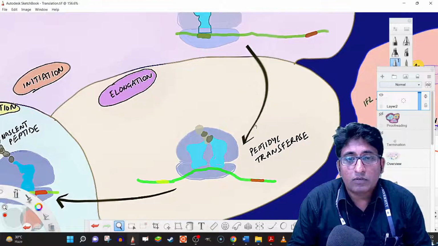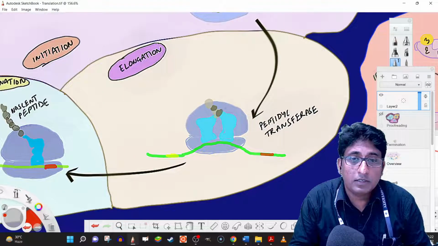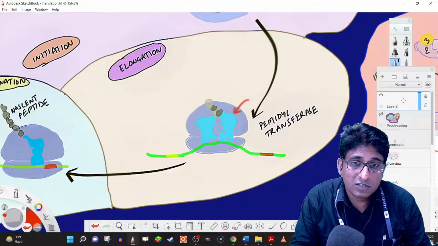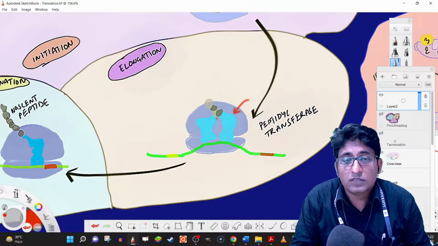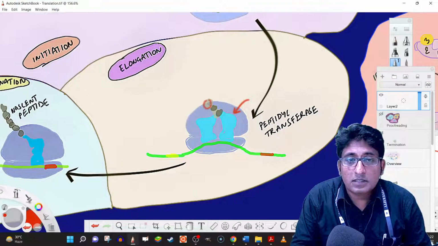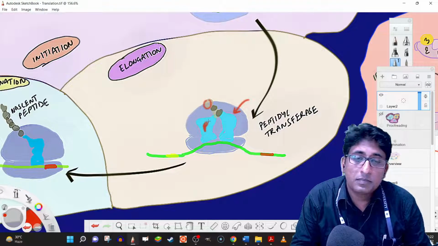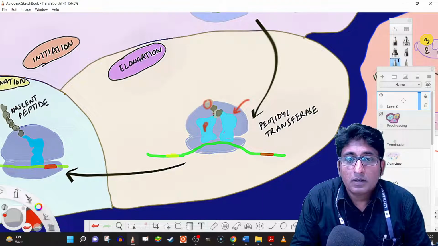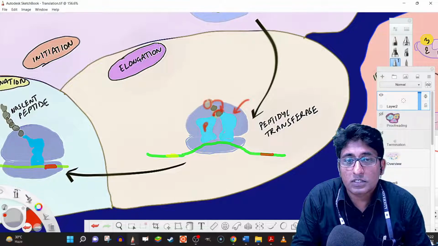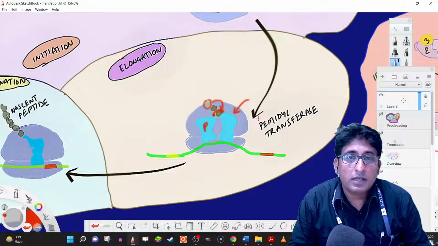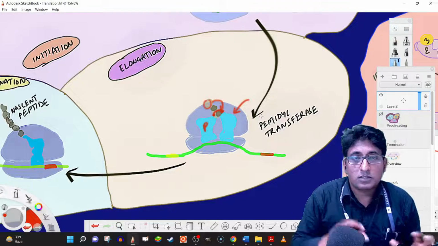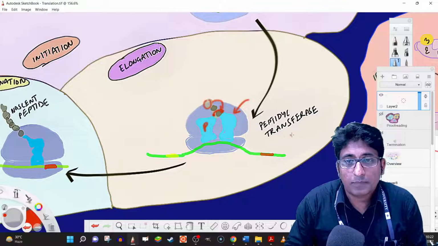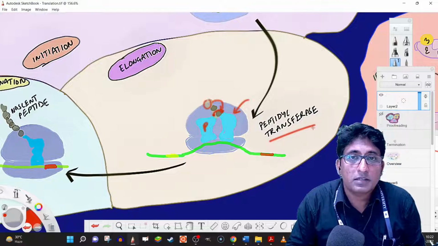In elongation, we will have the tRNA that is brought here, and the peptidyl transferase, the amino acids that are present on the initiator tRNA that is present in the P site, which we will again discuss, is now moved from here to this tRNA, and is added on to the amino acid that is present on the 3' side of the tRNA, and that reaction is called peptidyl transferase.